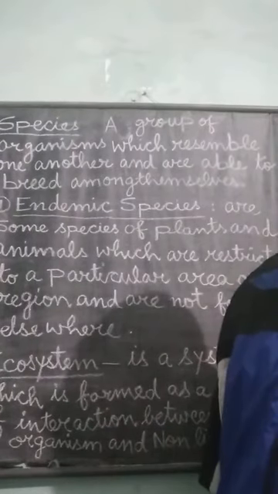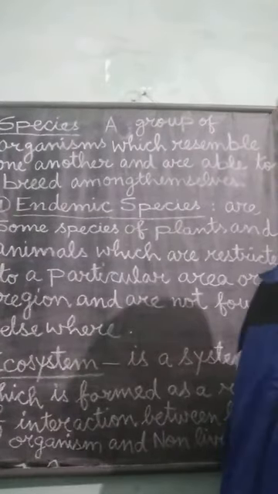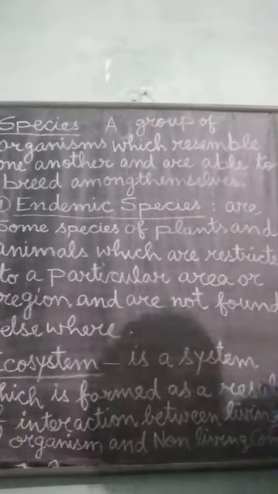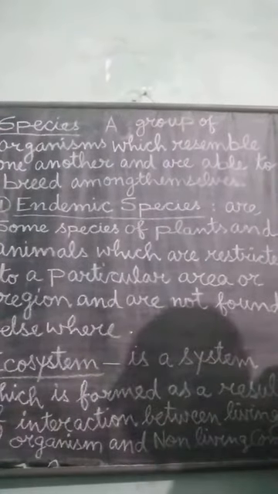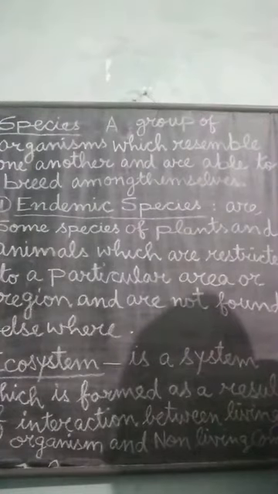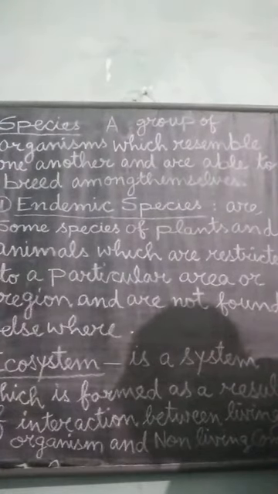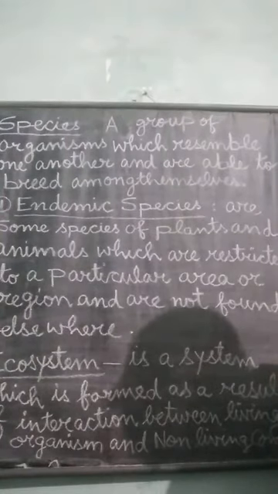So this group of organisms which resemble one another and are able to breed among themselves is called a species.